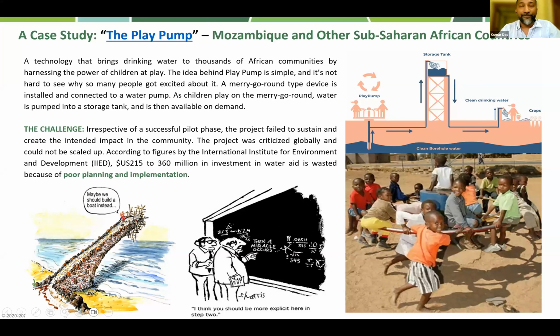The pilot was really successful, and everyone started having conversations about how successful this story was. But what happened after this? When they started implementing the program across sub-Saharan Africa and across Mozambique, the PlayPump intervention was not able to give the desired result, and by then the donors had already invested multi-million USD into that program.